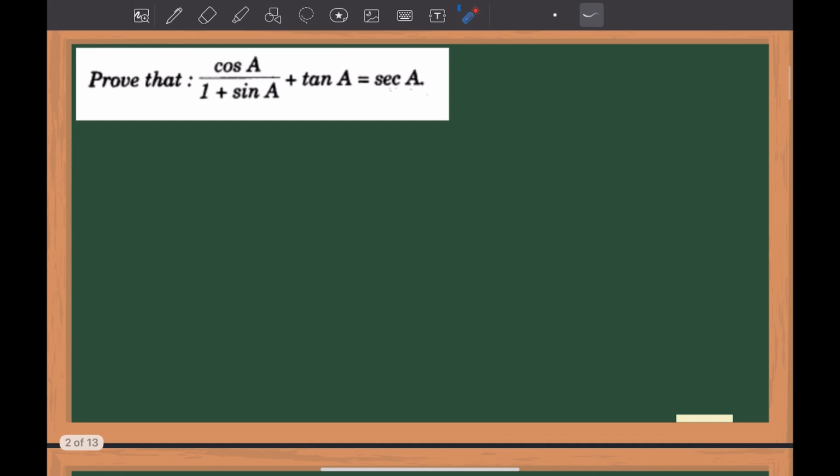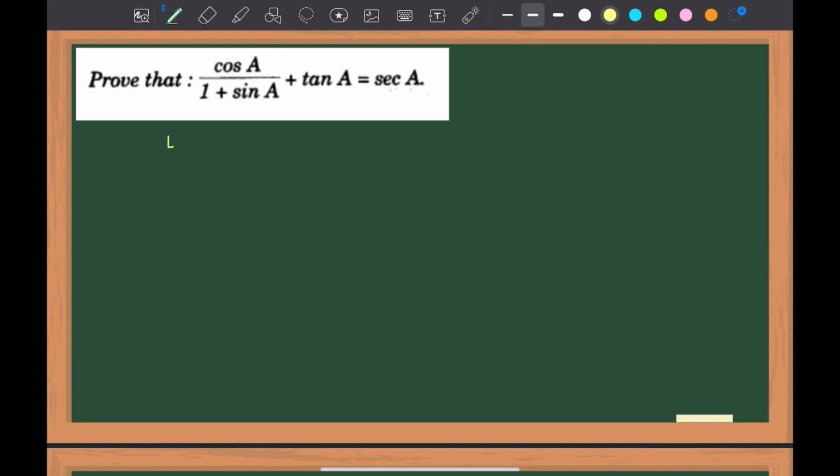In this particular question, they have asked us to prove that cos A upon 1 plus sin A plus tan A is equal to sec A. So what we will be trying to do over here is that firstly we will be converting the particular trigonometric ratio, that is tan A, in form of sine and cos.